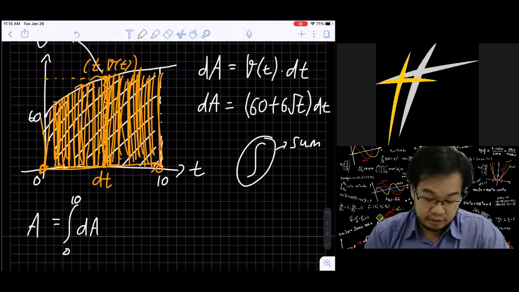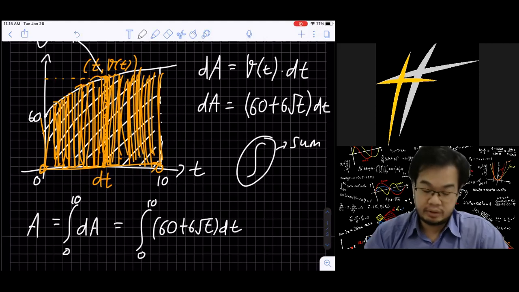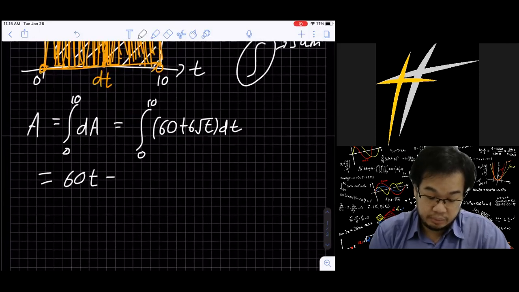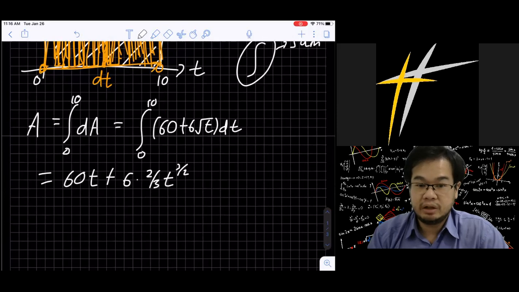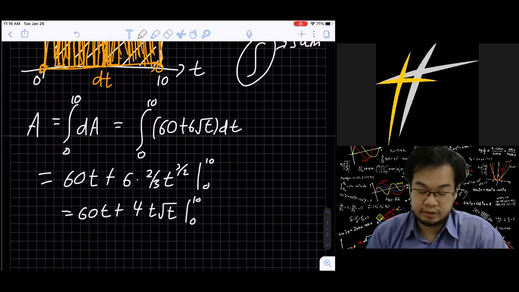So if I calculate, it's the integral of 60 plus 6 square root of t dt from 0 until 10, which is equal to 60t plus, since this is t to the power of half, 6 times 2 over 3 t to the power of 3 over 2, from 0 until 10. So it's equal to 60t plus 4t square root of t from 0 until 10.